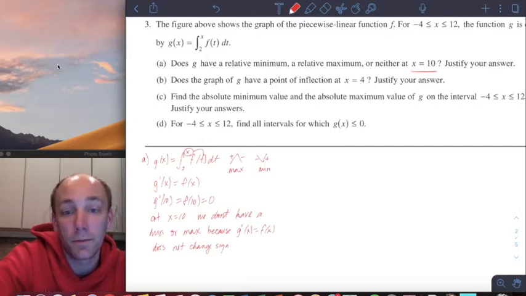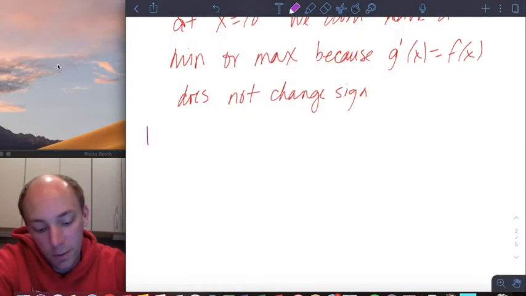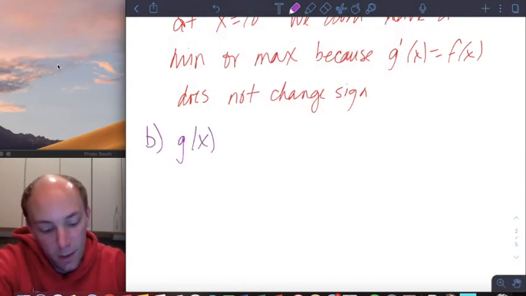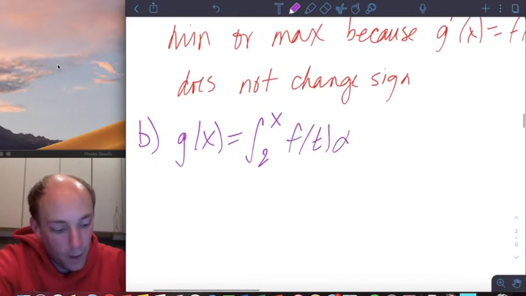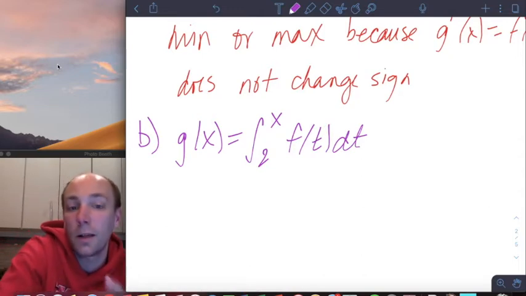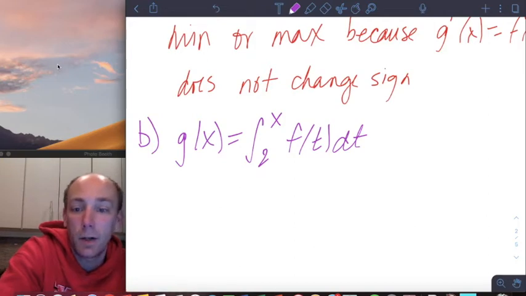Justify your answer. So for part B, again, we're going to look at the original function. I'm going to rewrite it just so we can see it again, right? So g of x equals the integral from 2 to x of f of t dt. And there's two different ways that we can look at a point of inflection. We always, though, want to go back to what's given in the problem, right?